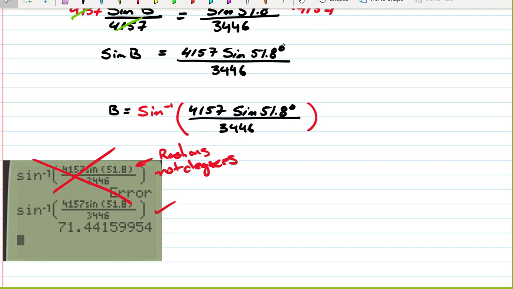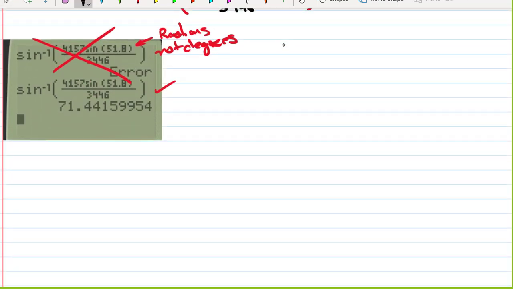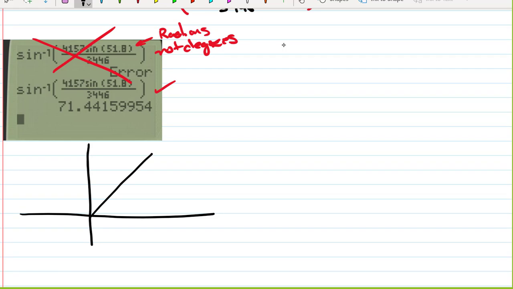But remember, if we were to draw a picture, sine is positive in both quadrants 1 and 2. So we found our reference angle in quadrant 1, which is 71.44 degrees, but sine is also positive in quadrant 2, and we can have the same reference angle.